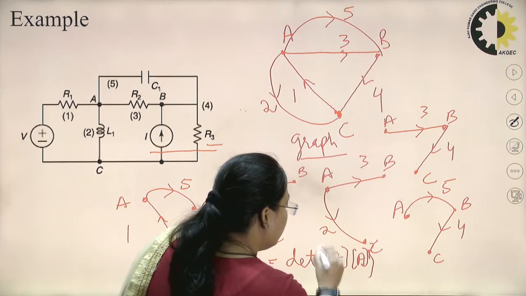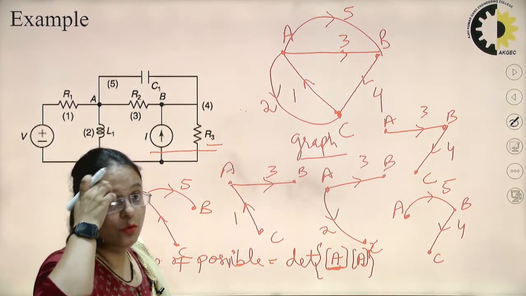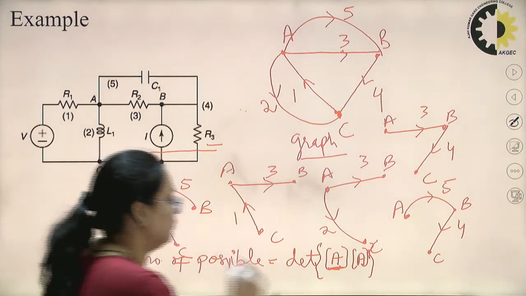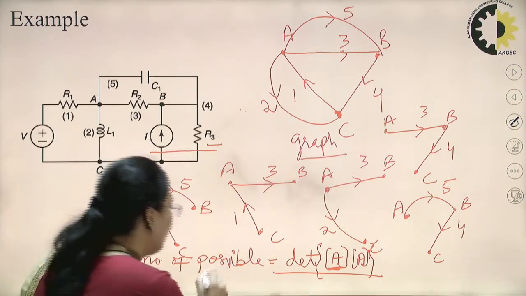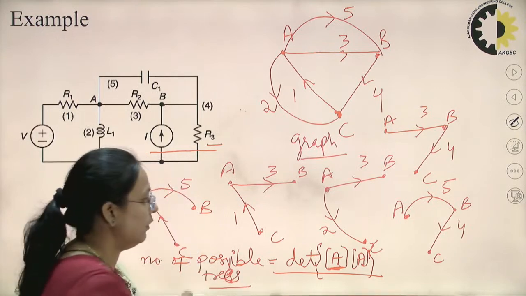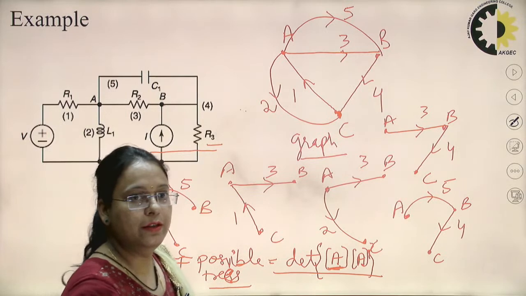This A is called the incidence matrix. About the incidence matrix I am not discussing in this lecture. So you can calculate the number of possible trees from this formula, determinant of A into A transpose, where A is an incidence matrix.